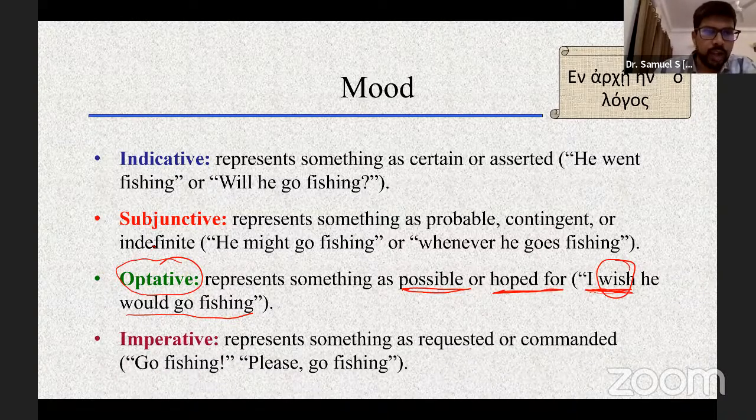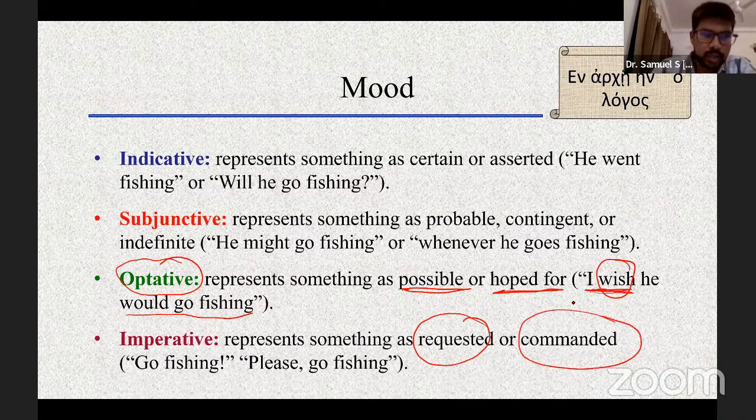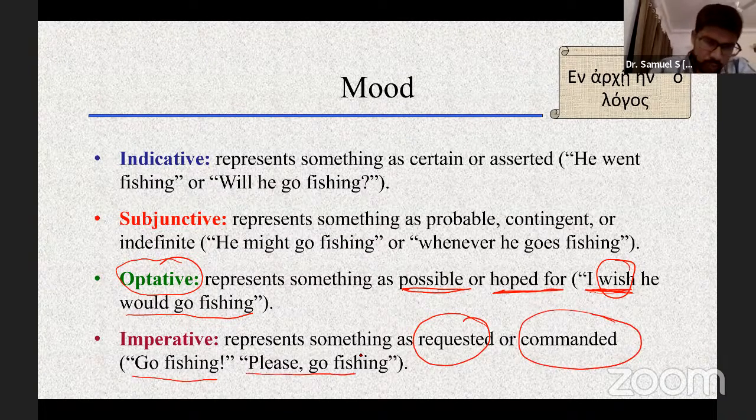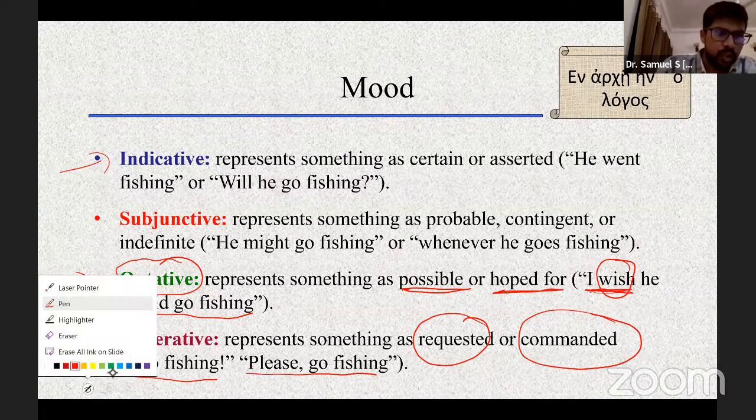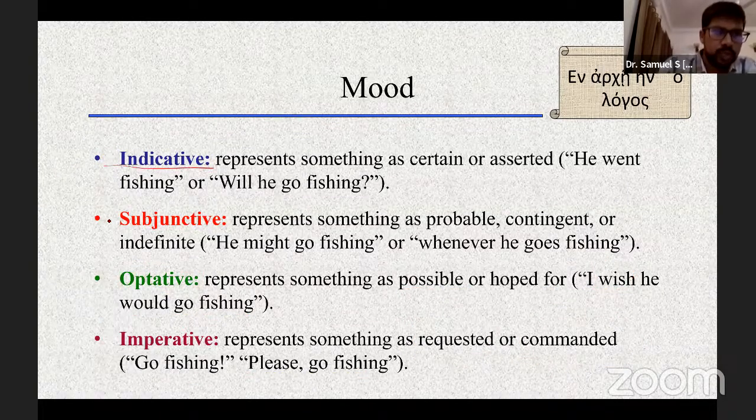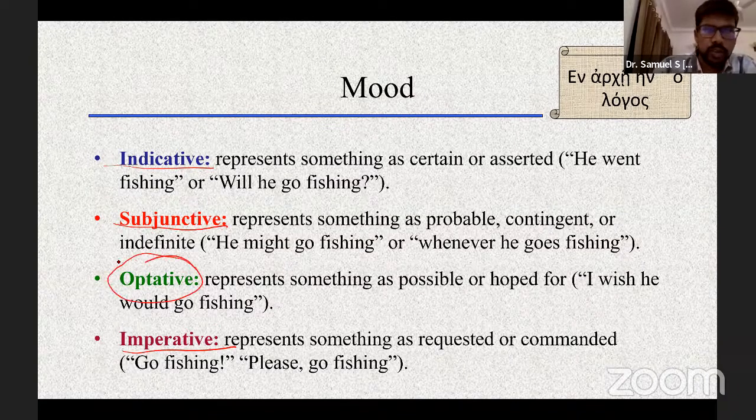And finally, the imperative mood, something which is requested or commanded. Go fishing, please go fishing. That is in the imperative mood. I'm sorry, I did that wrong. The first one, second one, and fourth one are the most common moods. The optative is not as common.